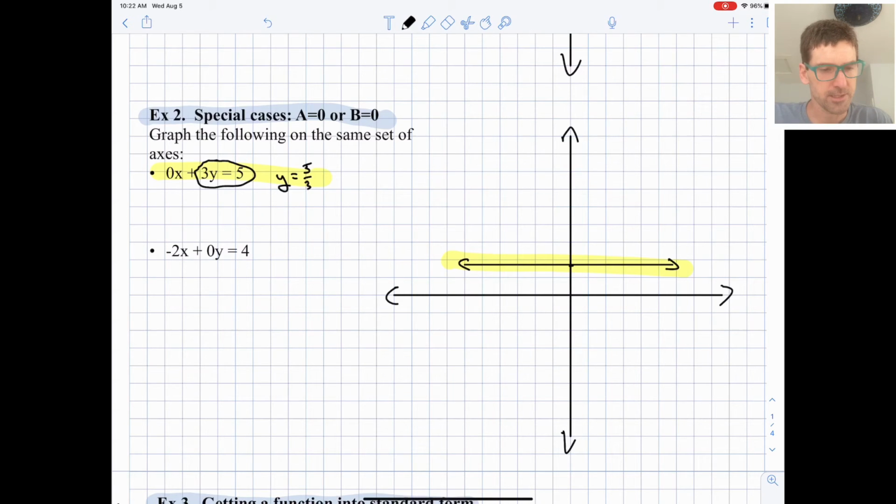Similarly, when the 0 term is paired with the y in the equation, essentially this we don't even need to worry about this. We have a negative 2x equals 4 divided by negative 2, so x is negative 2. Okay, so it's going to be this equation right, this line right here going through negative 2 on the x-axis.